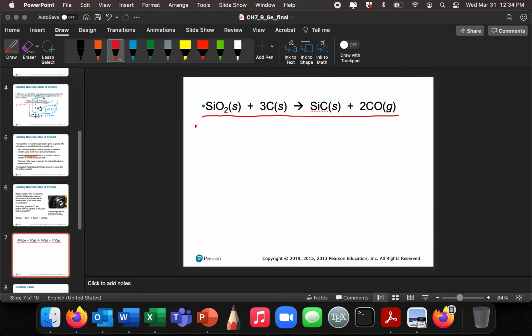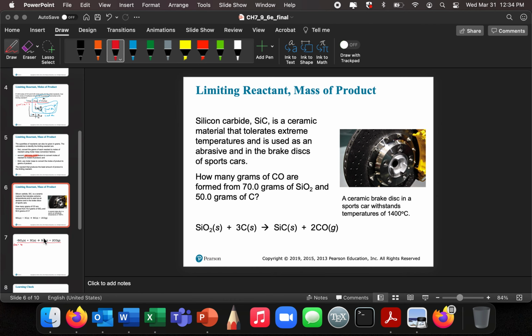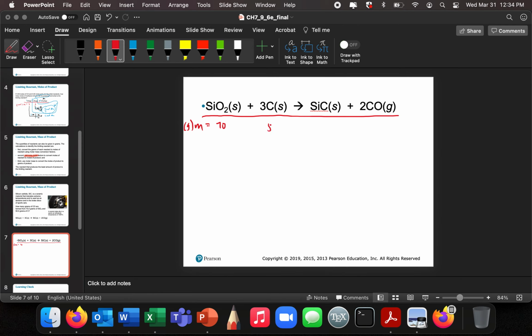Now what I've got to do is my molecular weight, or my molar mass, which is in grams per mole, of silicon dioxide and carbon. Then I can get my moles, and then I can do my L's.